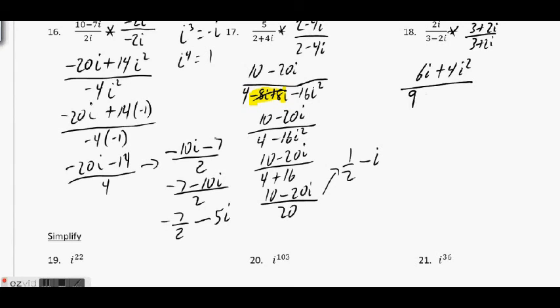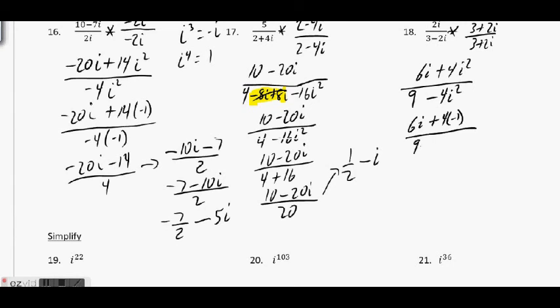If you need to do it for yourself, go ahead, but you know this step, they're going to cancel each other. Alright, so 3 times 3 gives me 9. Negative 2i times positive 2i is minus 4i squared. 6i plus 4 times negative 1 all over.